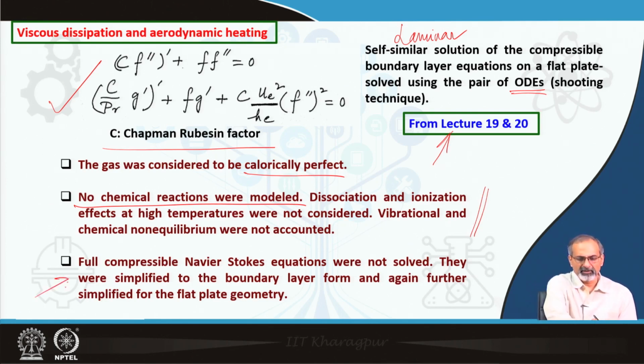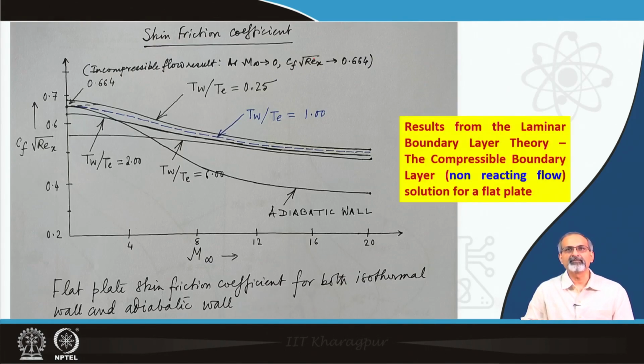The full compressible Navier-Stokes equations were not solved in this case, where we were talking about solving the two ODEs. These equations were simplified to the boundary layer form, and again further simplified for the flat plate geometry.